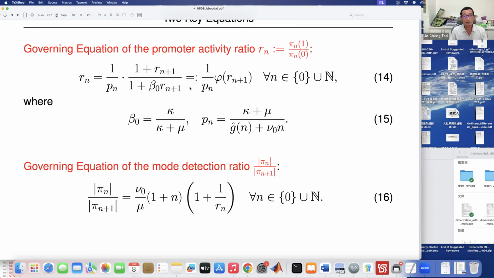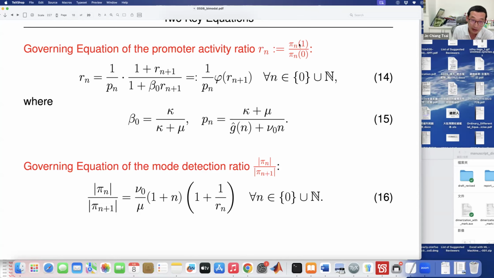This one, Rn, is a ratio. The numerator is the probability of observing n proteins with the gene in the on state, and the denominator is with the gene in the off state.